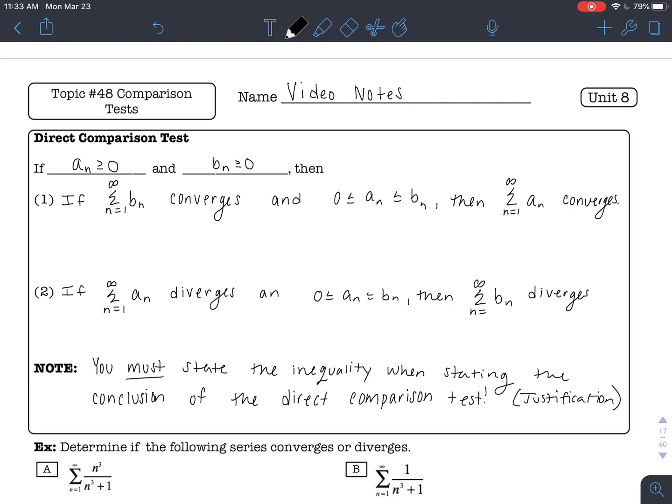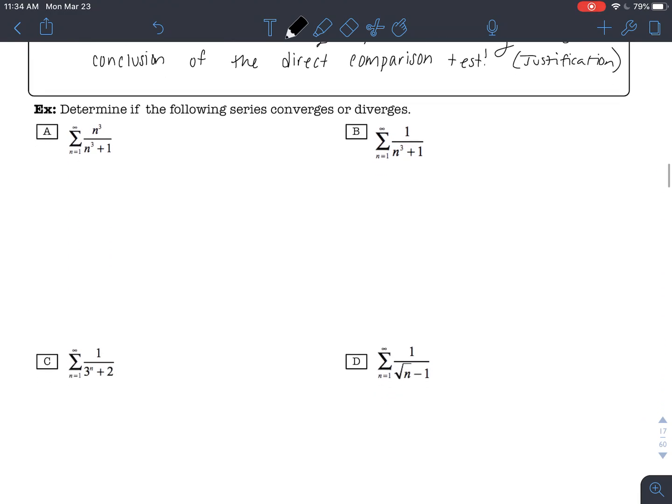So when you are justifying your convergence or divergence statement using a direct comparison test, you have to state the inequality. You have to show that you know which one is bigger or smaller than the other one, and because it converges or diverges, that's why the other one is bigger.